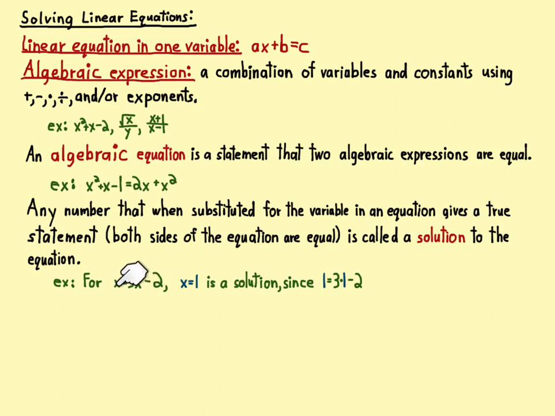I see if the two sides are actually equal. So I put 1, I get 1 equals 3 times 1 minus 2. So that's 3 minus 2, which is 1. So that checks. So 1 is a solution of this equation.